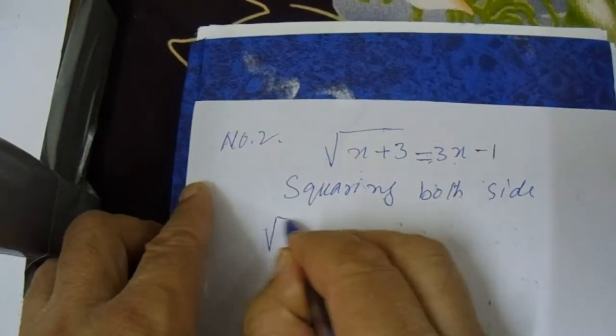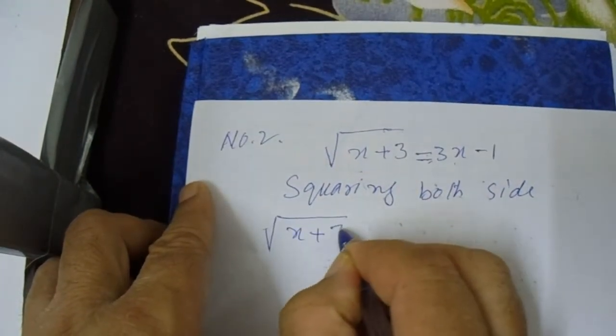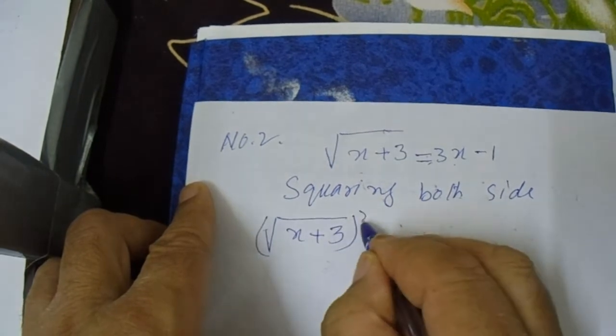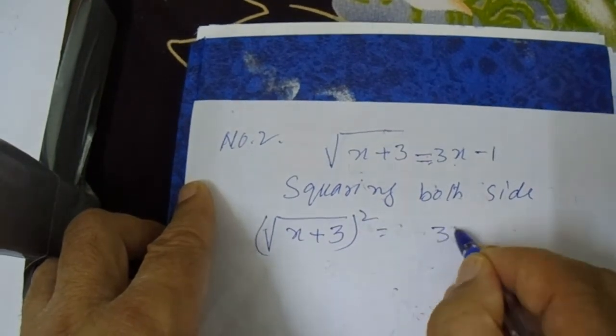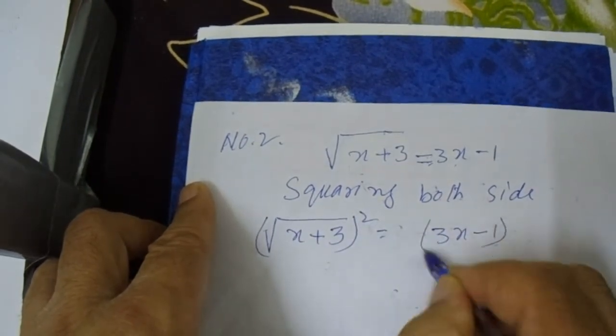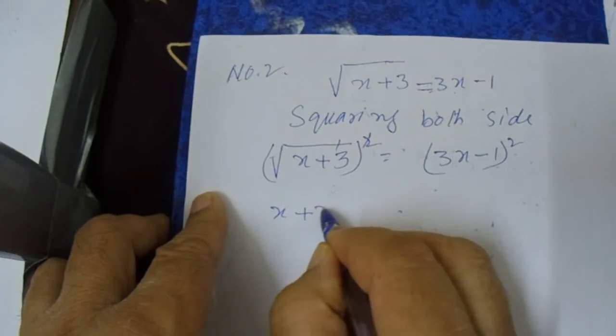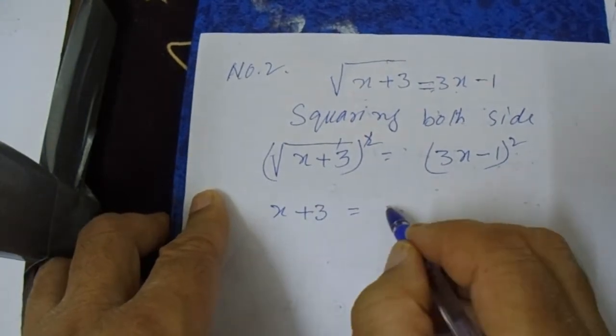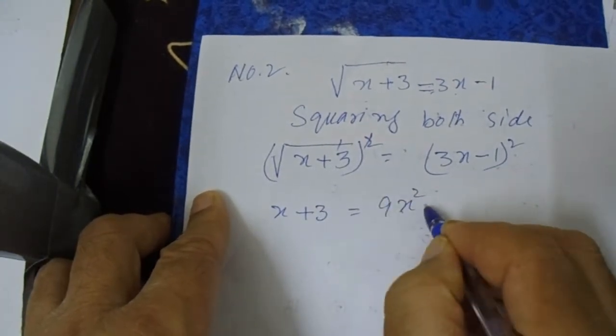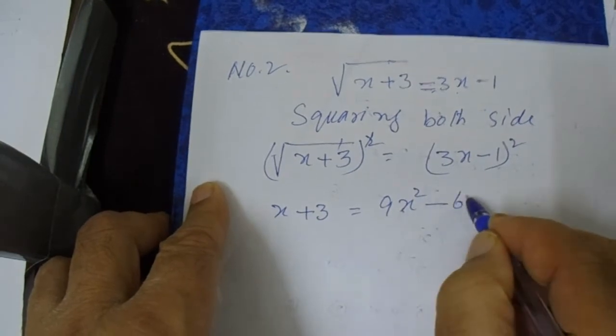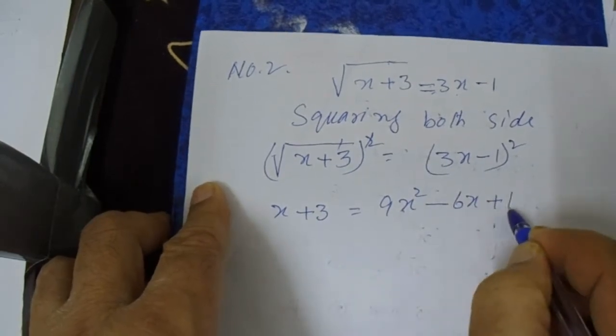Now under root x plus 3, this is equal to 3x minus 1 square. This will cancel this, so you have x plus 3 on the left side. Right here 9x square minus 6x and plus 1.